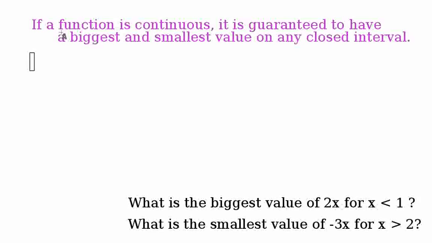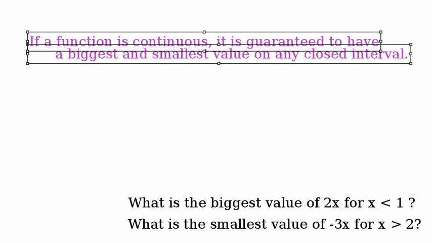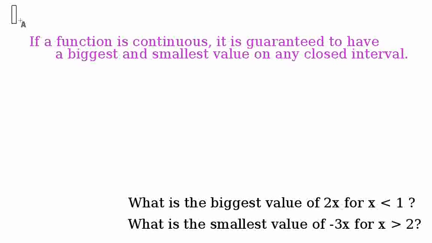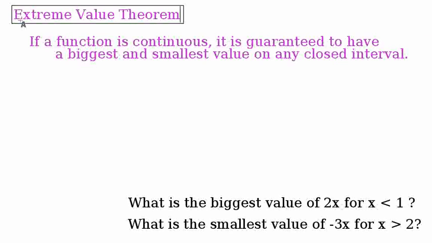So you have a closed interval, and if the function is continuous, thumbs up, you have a biggest and smallest value. Let me give you some examples where the extreme value theorem applies, and then some situations where it doesn't apply. Let me label what I just put here, the extreme value theorem.